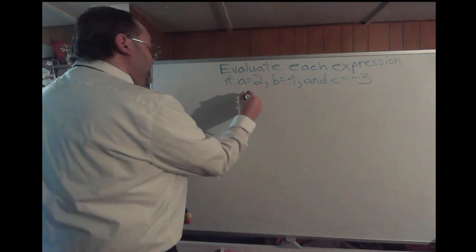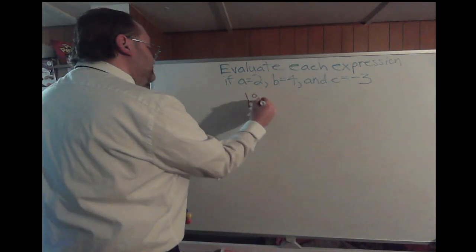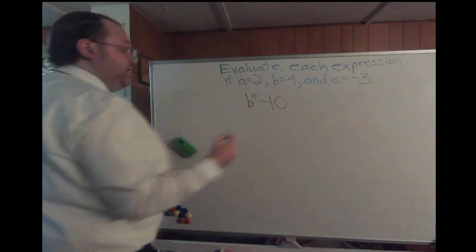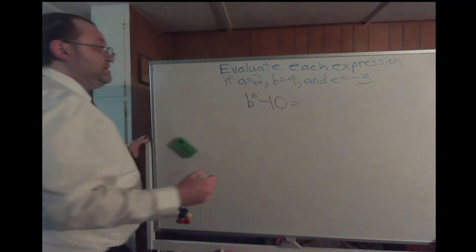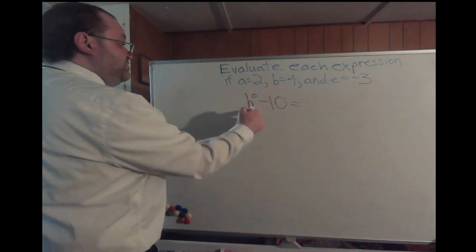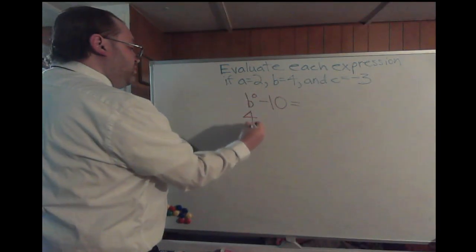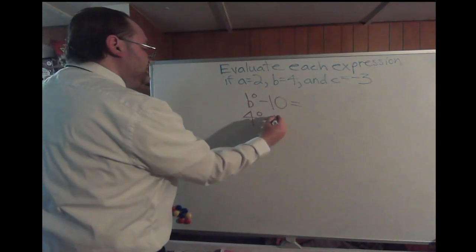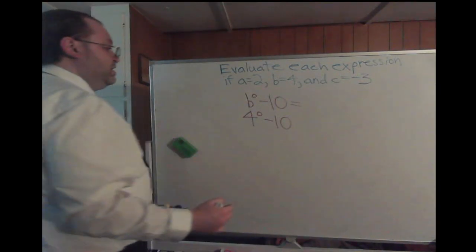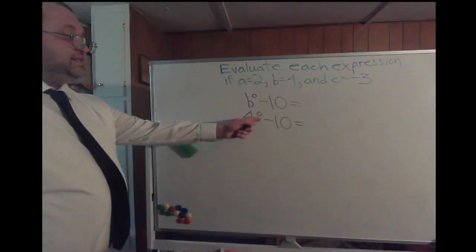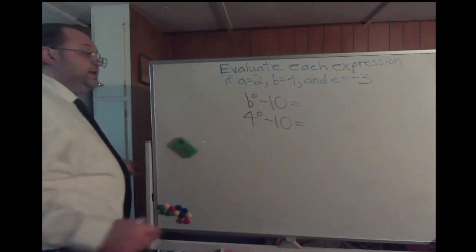Alright, so let's see. We have b to the 0 minus 10. So what you'll do next, you see where the b is, you'll substitute the value 4 in for b. So you'll have 4 to the 0 minus 10. Well, if we remember right, any number except for 0 itself raised to the 0 power is going to be 1.